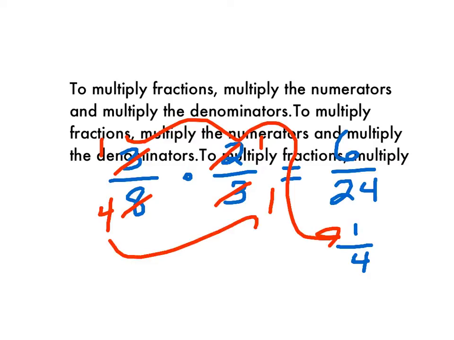And then 4 times 1 is 4. So that's two ways to solve for multiplying fractions. You can either multiply the numerators and then multiply denominators and then simplify your answer, or you can cross-reduce in order to simplify before you multiply.